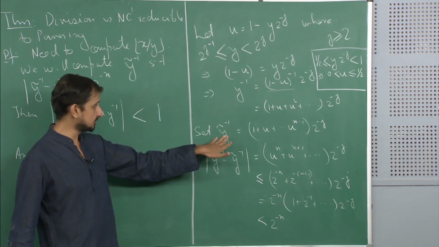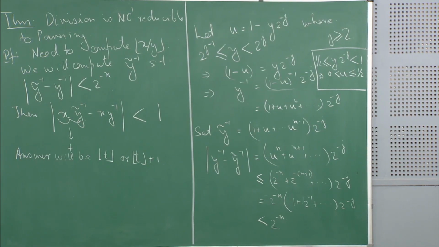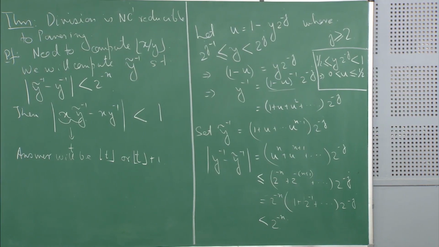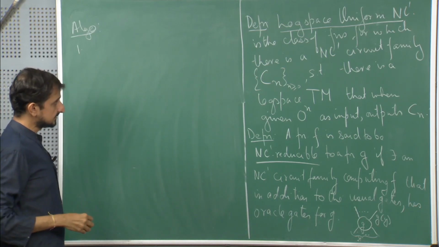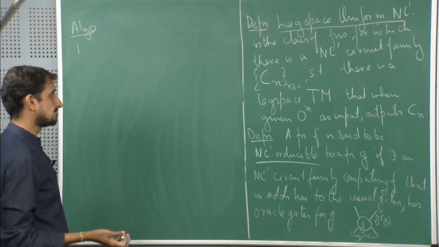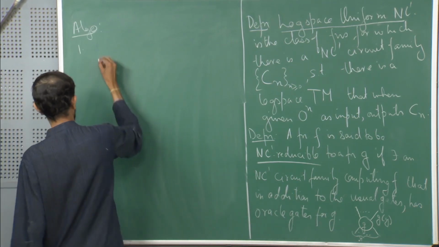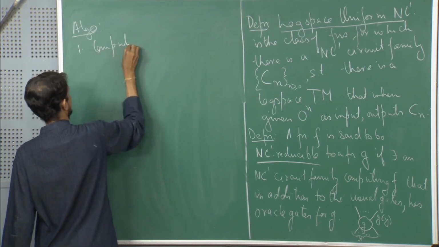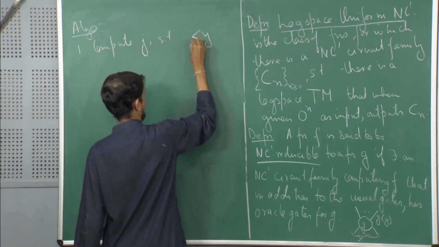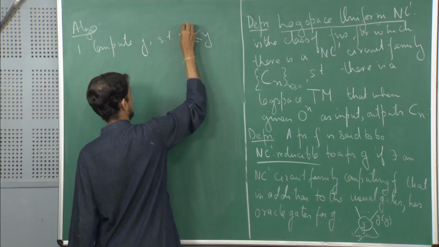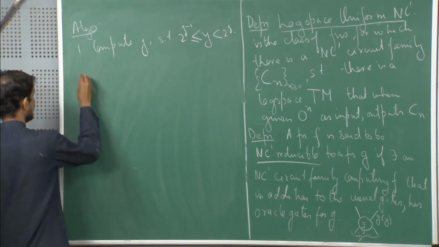So what we want is to have y tilde inverse as this quantity. So now what is the algorithm? So now the algorithm is simple once we have the analysis. So first step is to compute j such that y lies between 2 to the power j minus 1 and 2 to the power j.